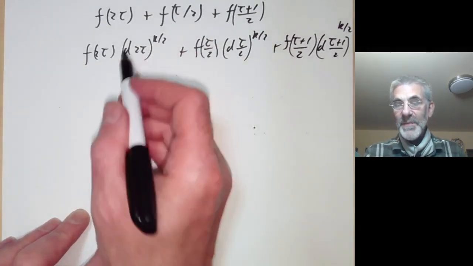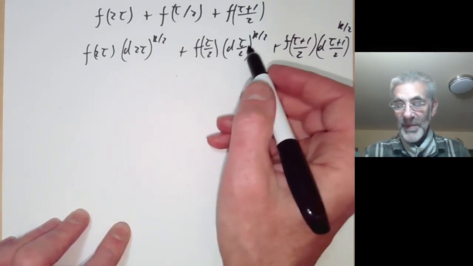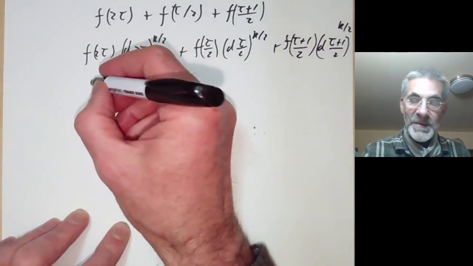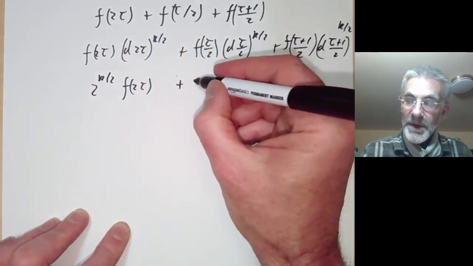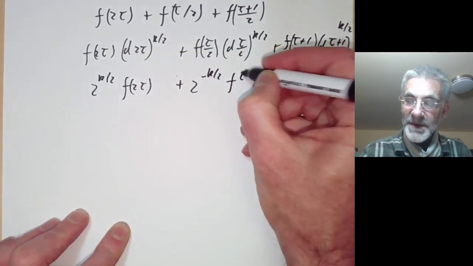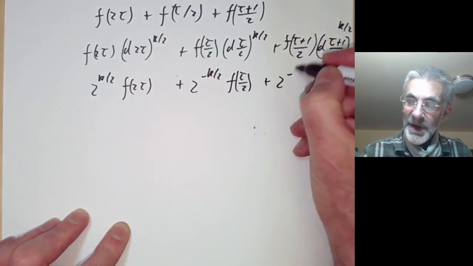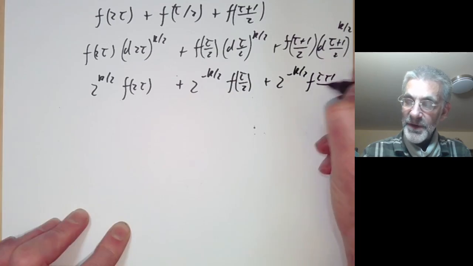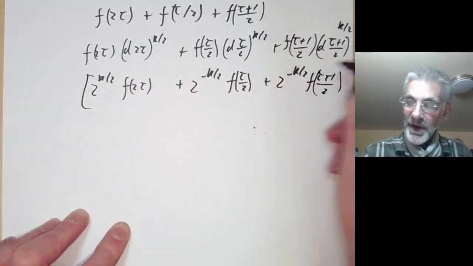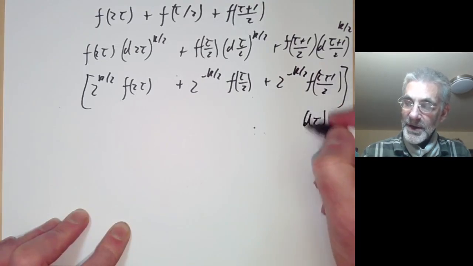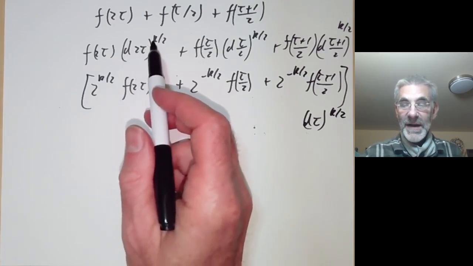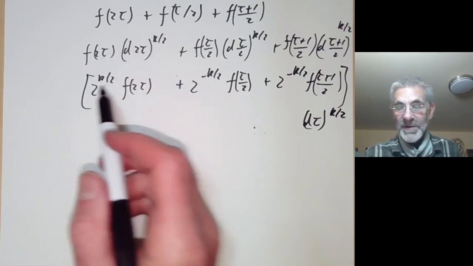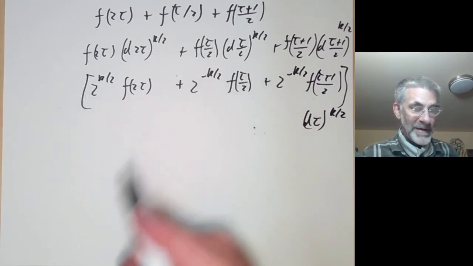If we expand out the d taus and the d tau over 2s and so on, this becomes 2 to the k over 2 times f of 2 tau plus 2 to the minus k over 2 times f of tau over 2 plus 2 to the minus k over 2 times f of tau plus 1 over 2, all multiplied by d tau to the k over 2. So you see the effect of putting in the d tau to the k over 2 is that we get all these powers of 2 turning up in odd places.